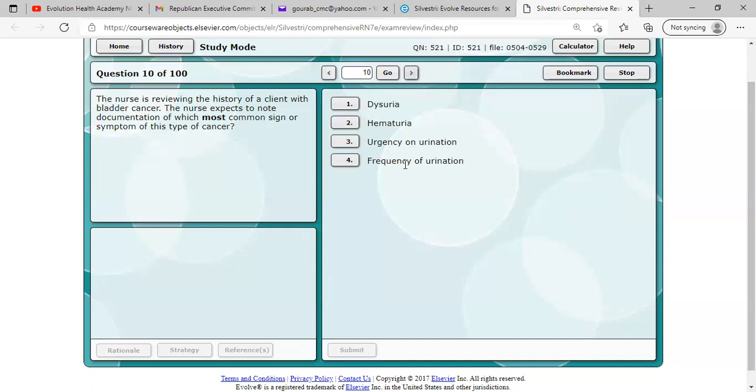As I told you, bladder cancer is basically cancer arising from the tissue of the urinary bladder.